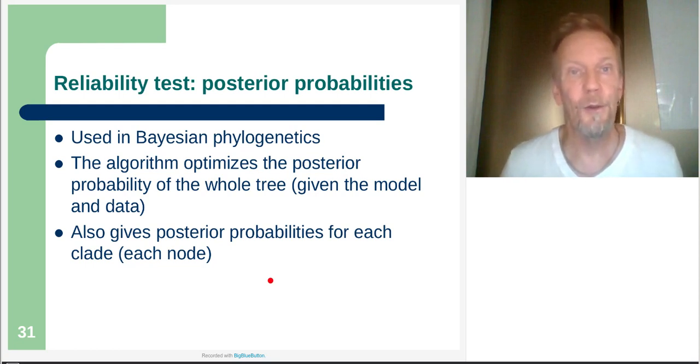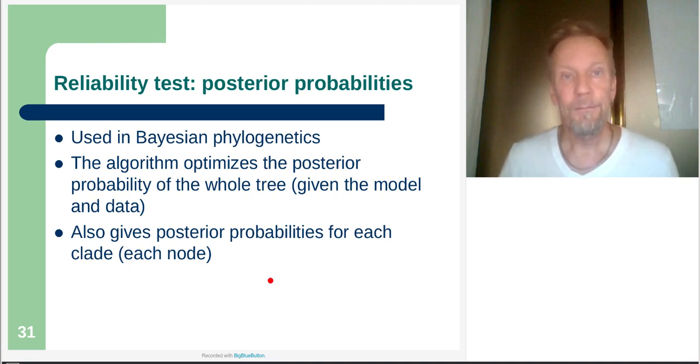You would need to do a new run of maybe several hours for getting new optimal trees, and you can't repeat that 1,000 times. But instead, we get the posterior probabilities directly from the simulation. We can get those probabilities even for the clades.